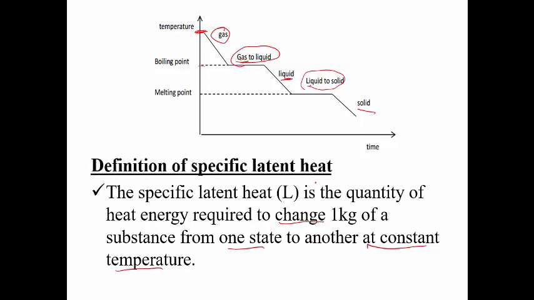Specific heat capacity is different from specific latent heat. Both express the quantity of heat energy needed, but the specific latent heat is the quantity of heat energy required to change a state of matter from one state to another at constant temperature.